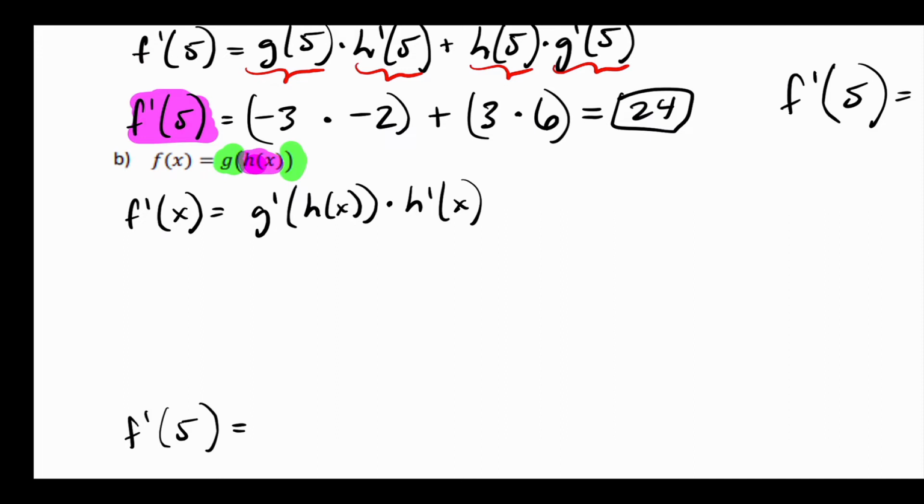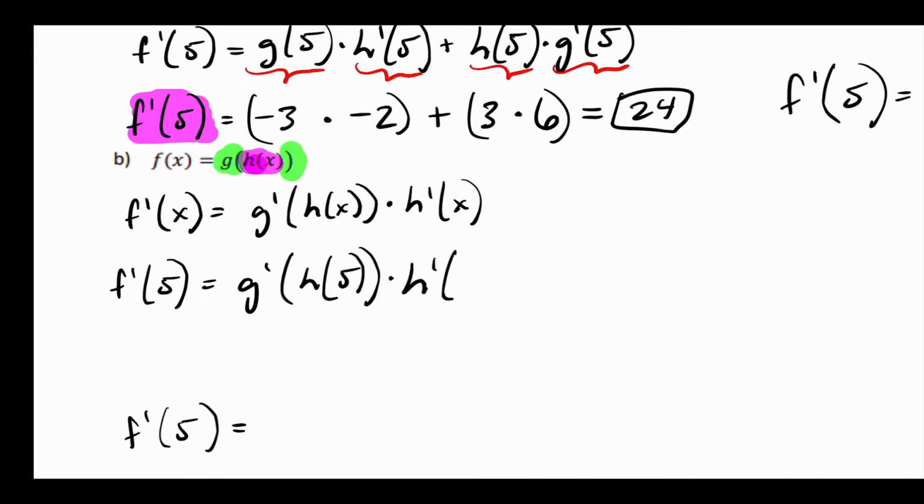I can't combine like terms or anything because I don't know what the actual function is. I don't know what g of x is. I don't know what h of x is. So that's as far as I can go. But now I can plug in 5. Everywhere I see an x, I'm going to plug in a 5.